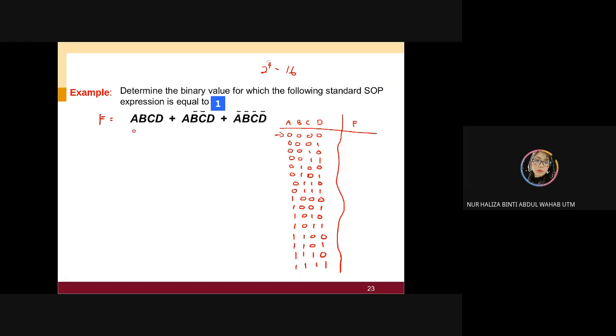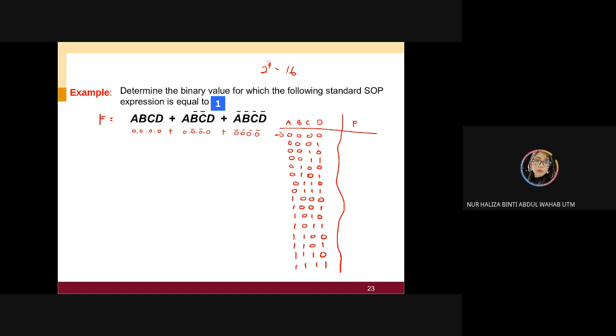Plus A is 0, B is 0, but over here got bar, C is 0, but here it's got bar, D is 0. Plus A is 0, here got bar, B also got bar, C got bar, D got bar. So this is all.